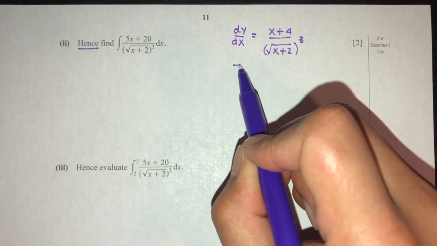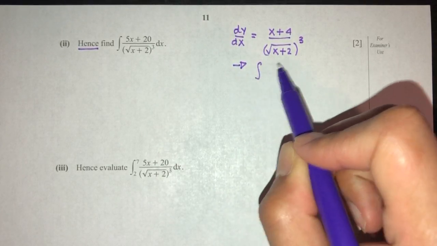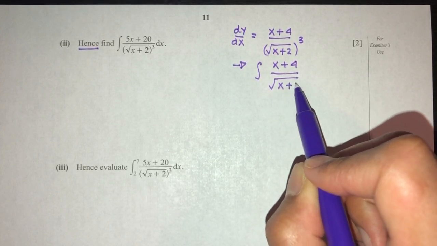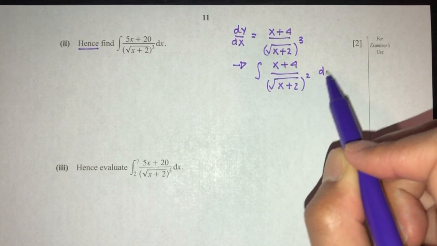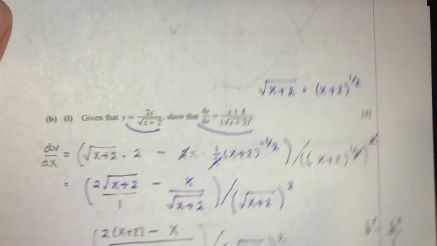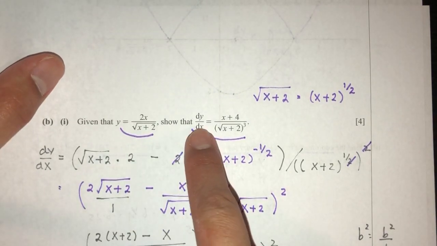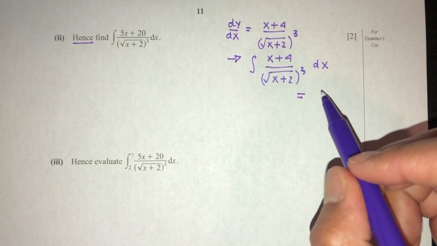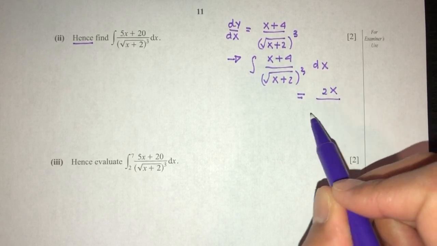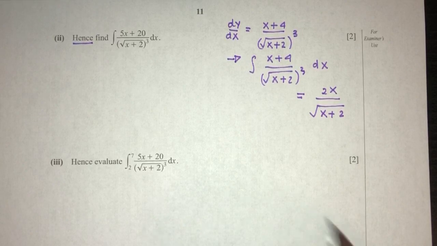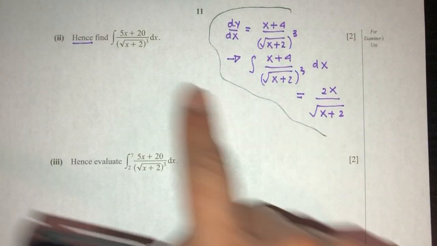So this means if you were to integrate this value, they have to give you the initial value, which was this one. So by differentiating this, we get this, but by integrating this, we have to get back the same value at first. So you will have 2x over this value. That will be the initial value.